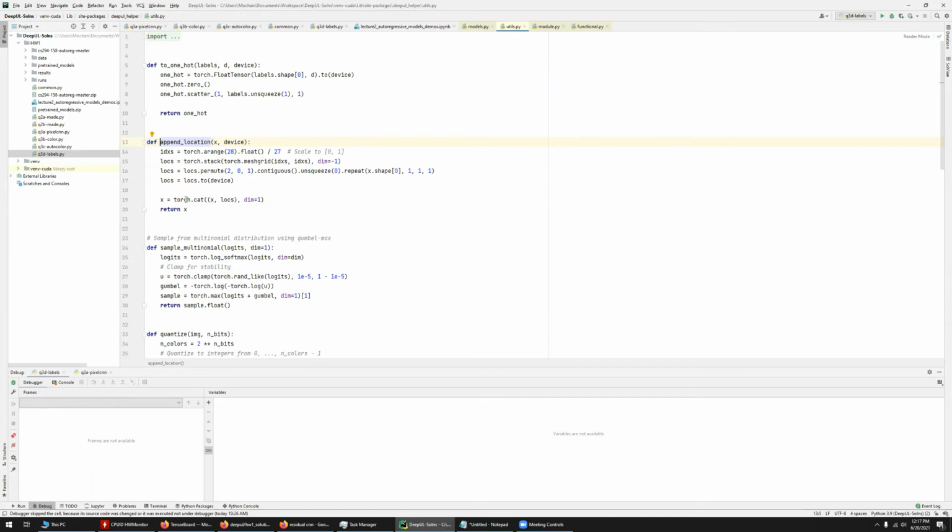Yep, they seem to have concatenated it at the end. So I'm not. Go ahead. Sorry. So they seem to find a range of 28 and then convert it to a mesh grid of 28 by 28, and then I guess we need to take that code out and print it.